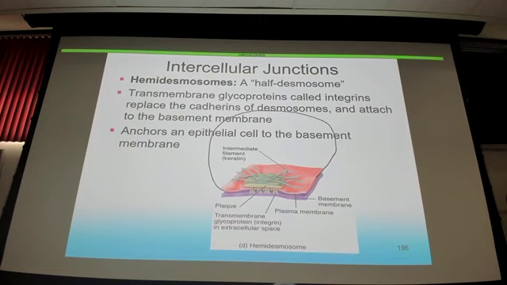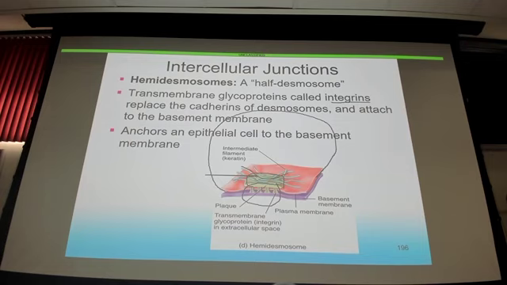What's going to anchor those cells to the basement membrane is what's called a hemidesmosome, where you have the intermediate filaments attached, and you still have the plaque. The difference is the protein that's used to connect those cells to the basement membrane is called integrins. So you're going to use integrins instead of cadherins.